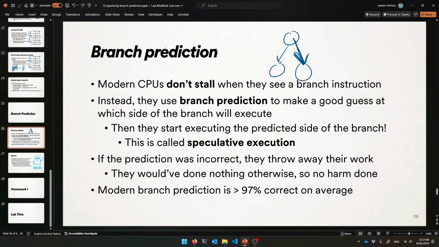And the way that prediction happens is there's a table getting made inside of the CPU. It remembers the address of each instruction, and how often the branch was taken or not, how often it took the jump rather than it fell through. The number of times that the comparison was true.